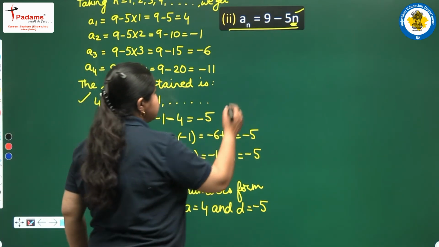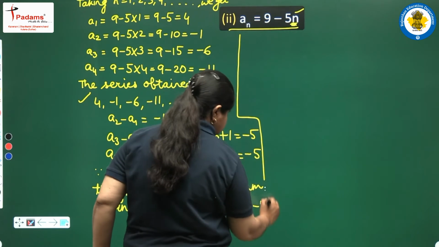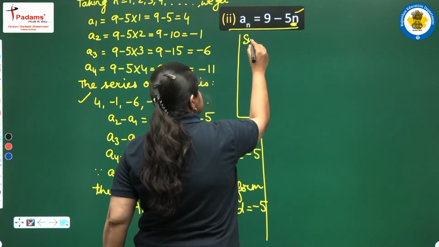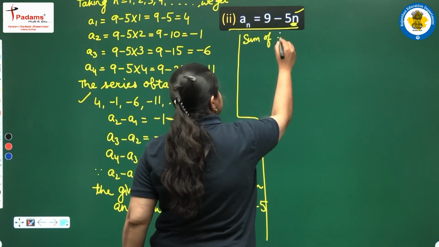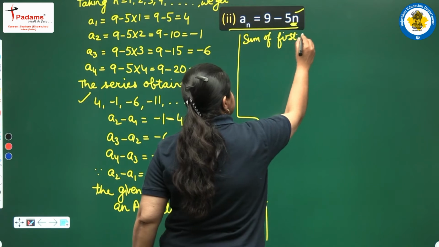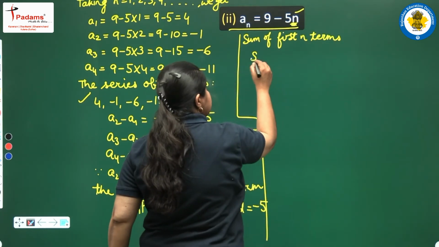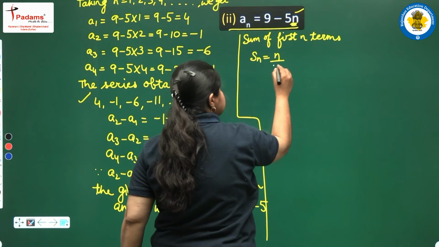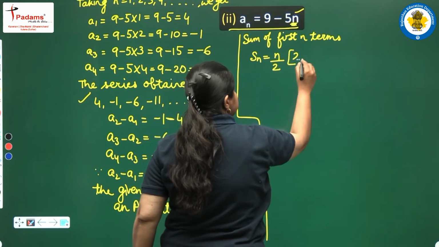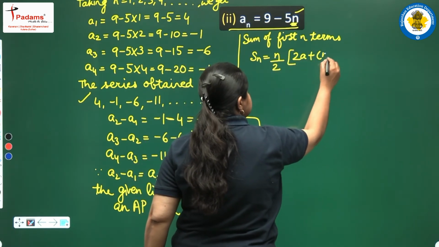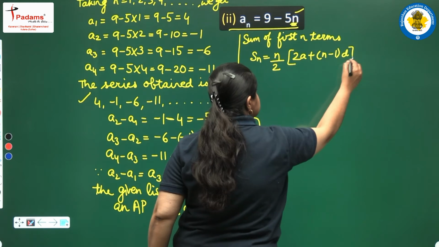Now we need to find the sum of first 15 terms. Sum of first n terms. First we write the formula. It is given by Sn equal to n by 2 into 2a plus n minus 1 into d. ठीक है.